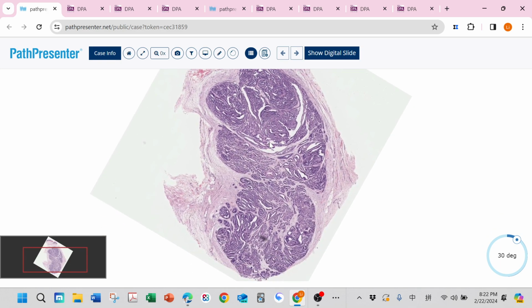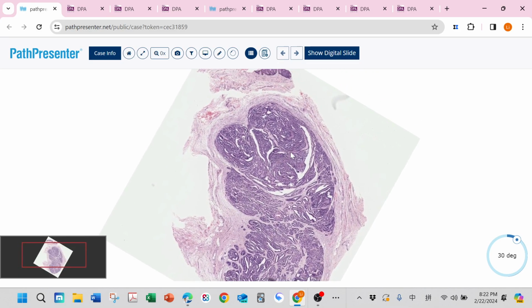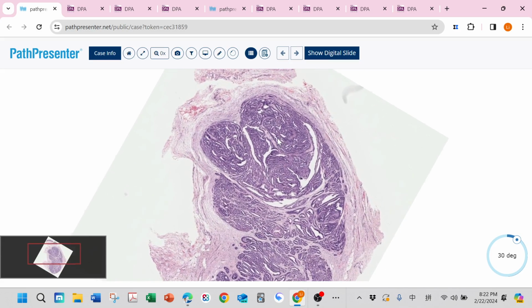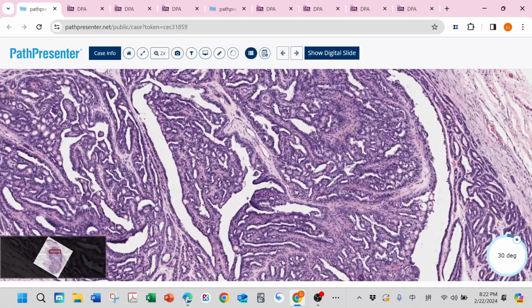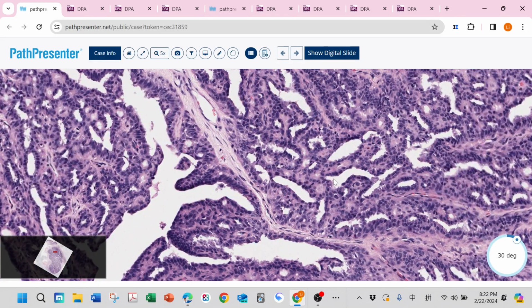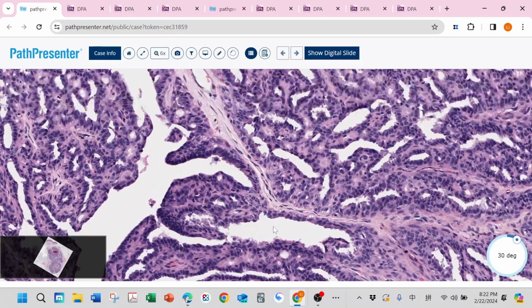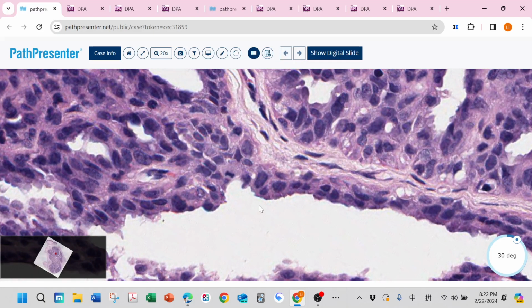So in low power, you already have this impression. In high power, you would like to confirm some of this structure. Actually, this is another sweat duct differentiation, because we can always see this two-cell layer. The inner layer is a cuboidal cell. Sometimes you can also see hobnail, just like apocrine gland differentiation.